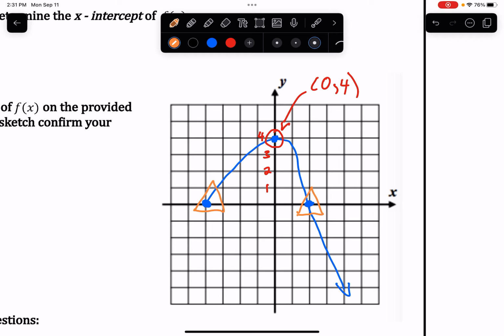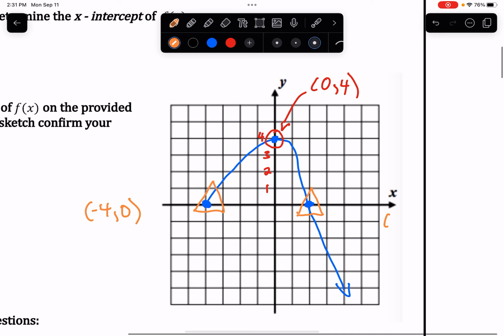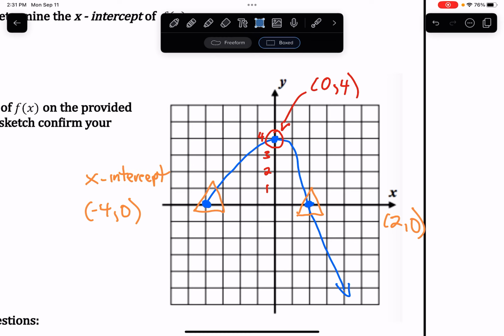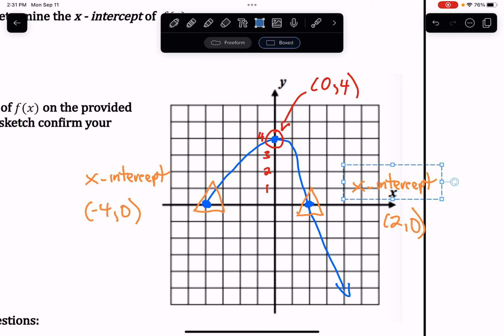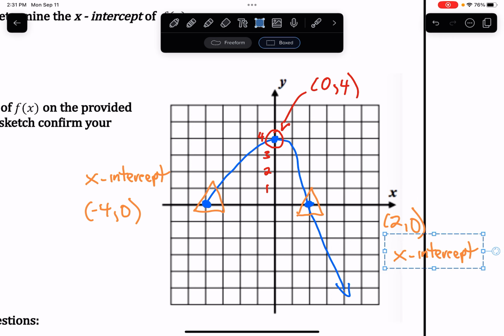And so my x-intercepts, 1, 2, 3, 4, would be -4, 0, and 2, 0. So this is an x-intercept. This is an x-intercept. And then this is a y-intercept.